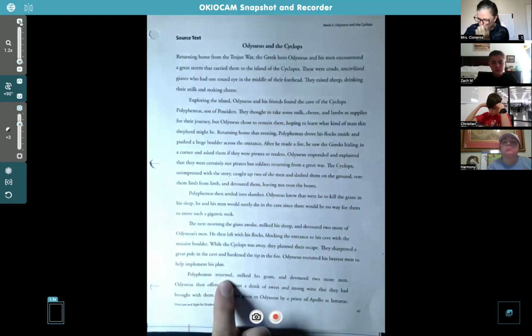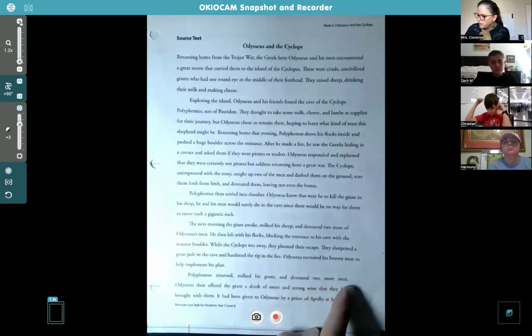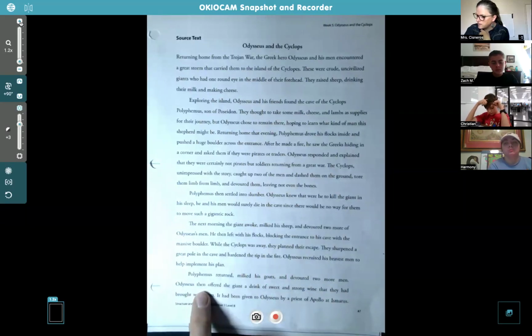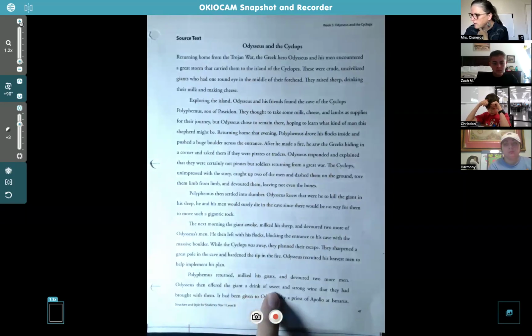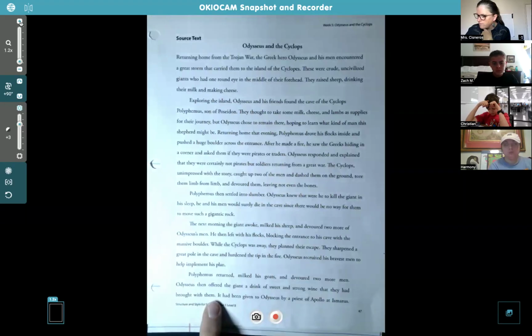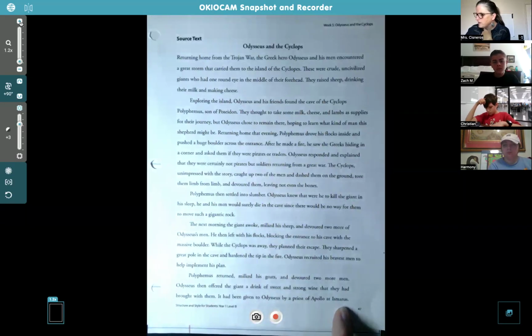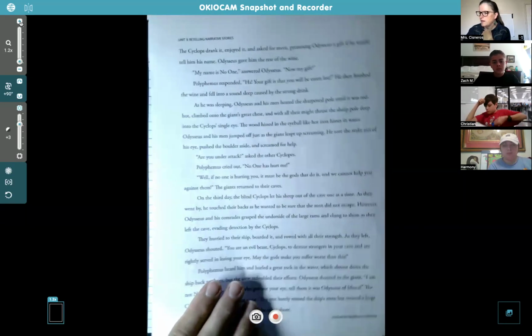Polyphemus returned, milked his goats this time, and devoured 2 more men. Odysseus then offered the giant a drink of sweet and strong wine that they had brought with them. It had been given to Odysseus by a priest of Apollo at Ismarus. Okay, there's more on the back here.